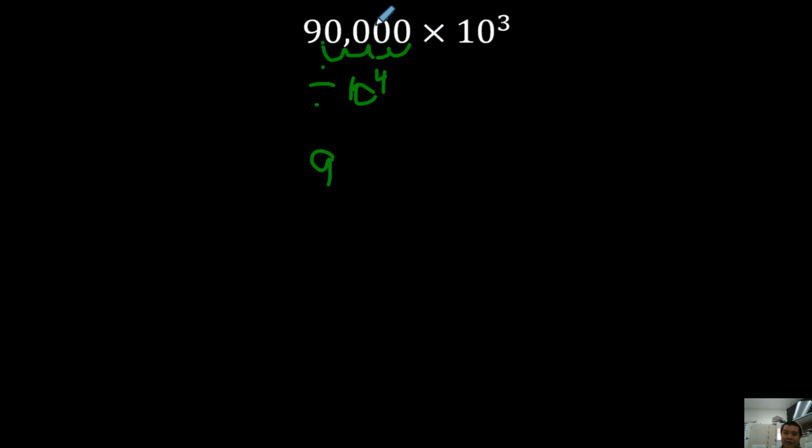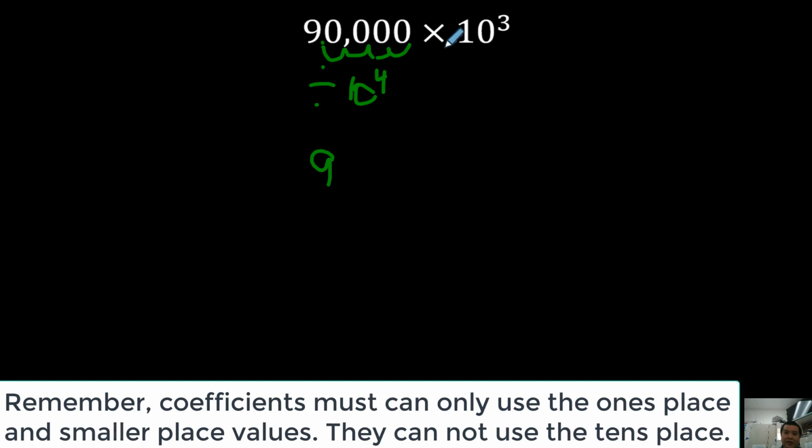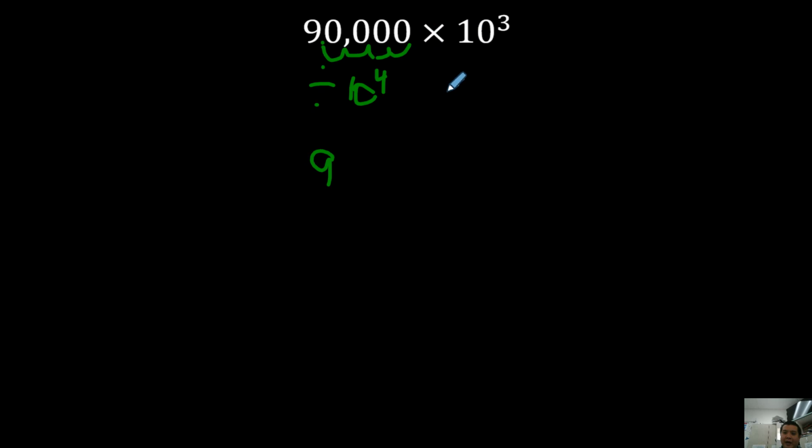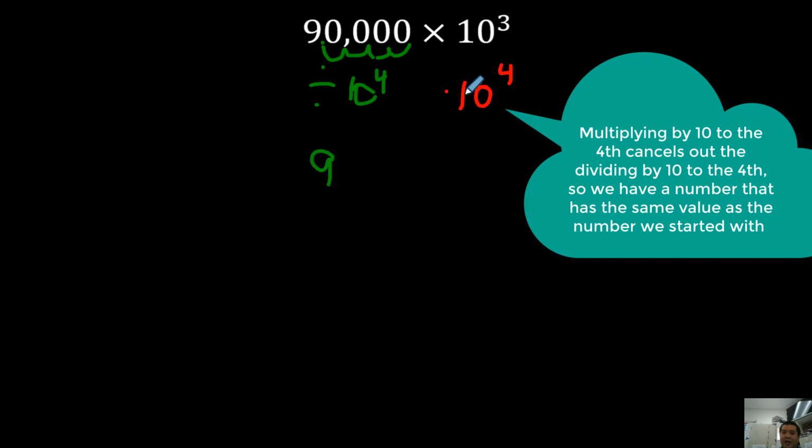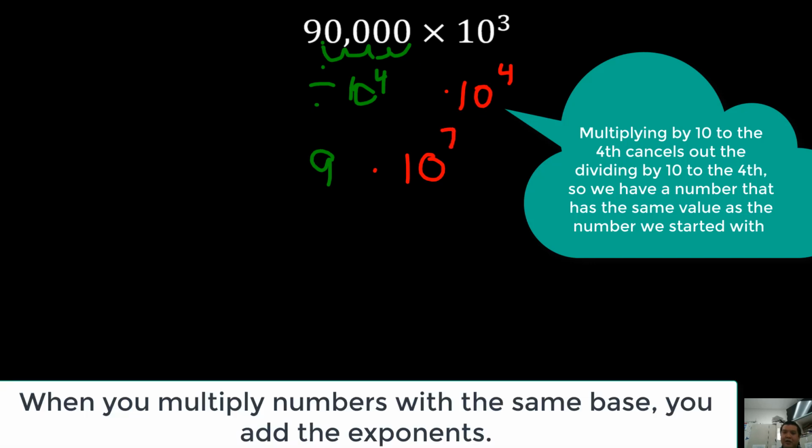Now when we do that, this changes the value of the entire thing unless we multiply the base 10 by the same thing. Multiply it by 10 to the 4th. So now we have 10 to the 3rd times 10 to the 4th, which gives us times 10 to the 7th. So notice how we're just essentially splitting the number into two parts, the coefficient and the base 10.